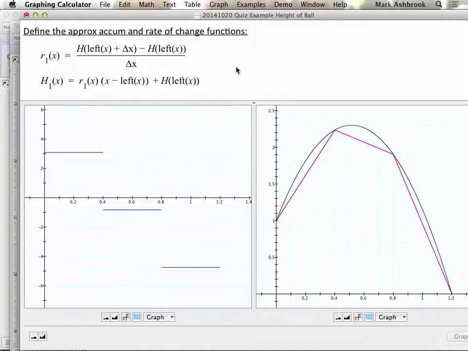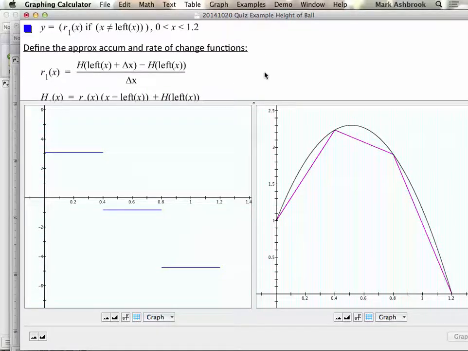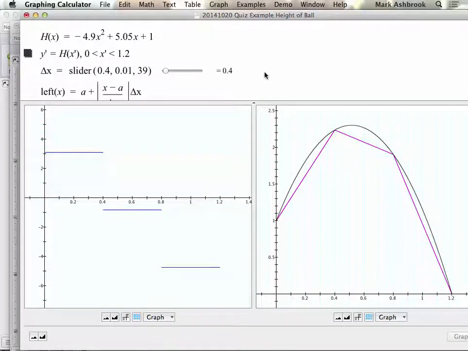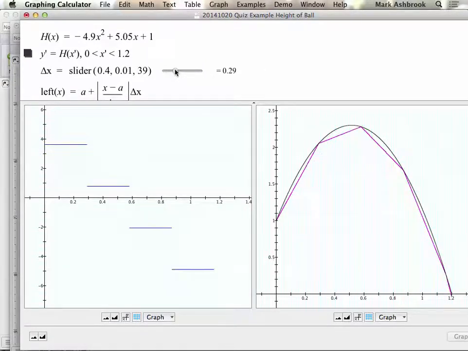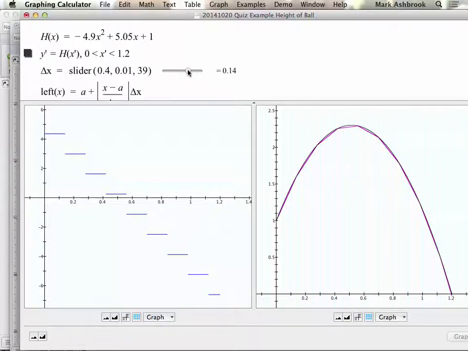Okay, so how's our rate function? Is it pretty accurate? No. So if we've got approximate rate and we want exact rate, we make delta x smaller. Every time I make delta x smaller, I get a better approximate accumulation function and a better approximate rate function.